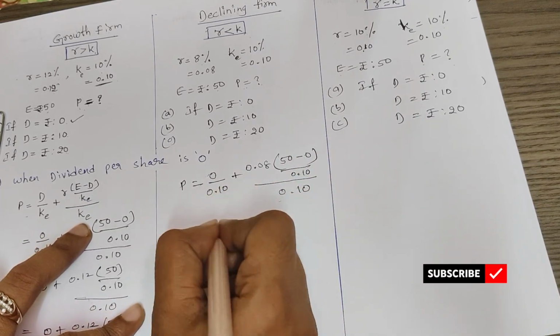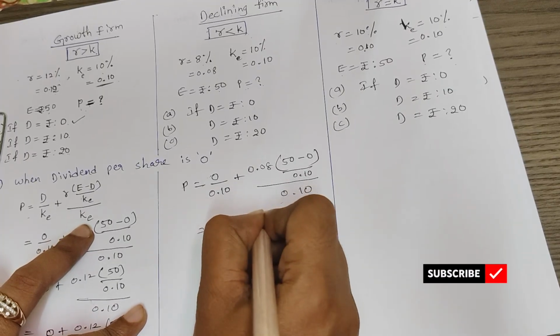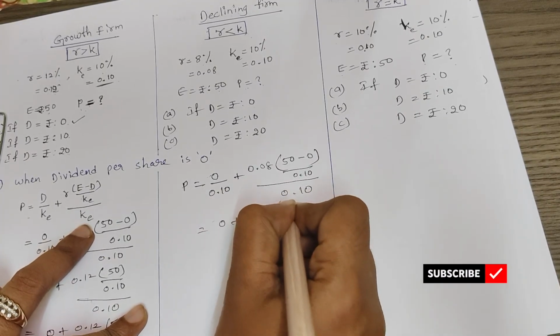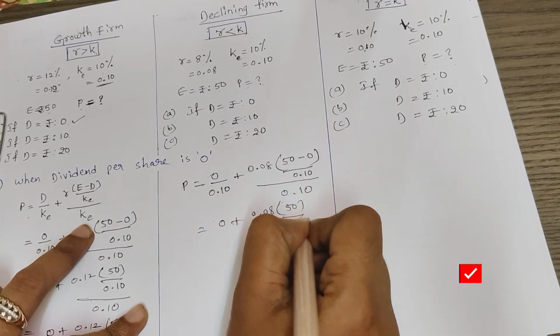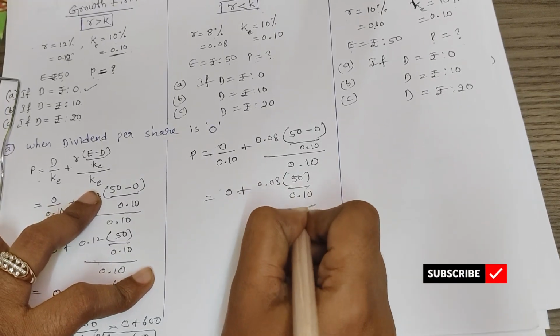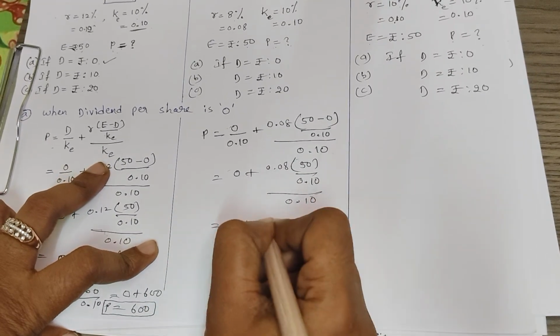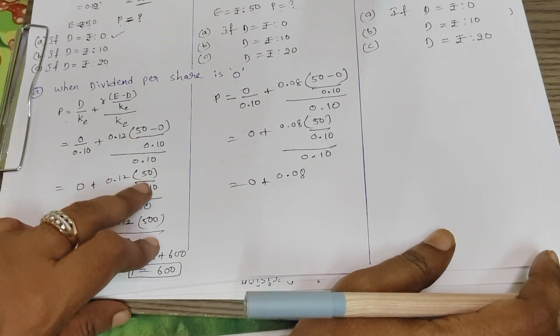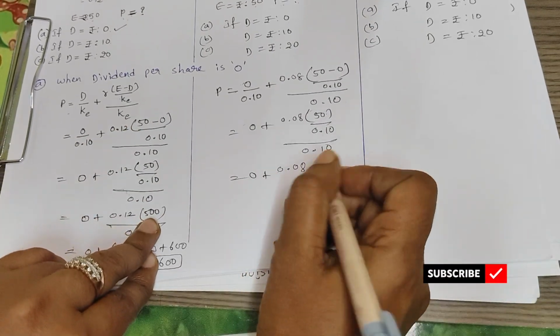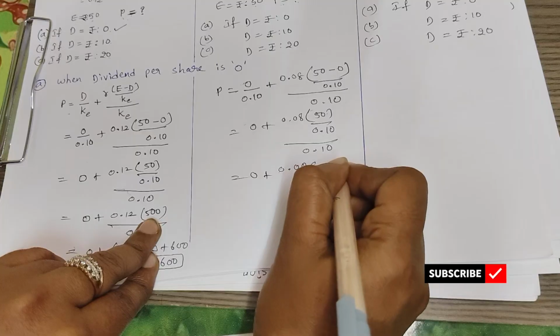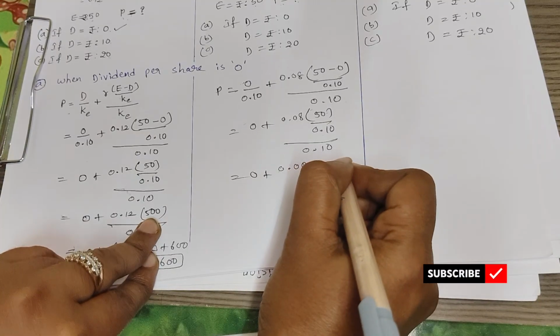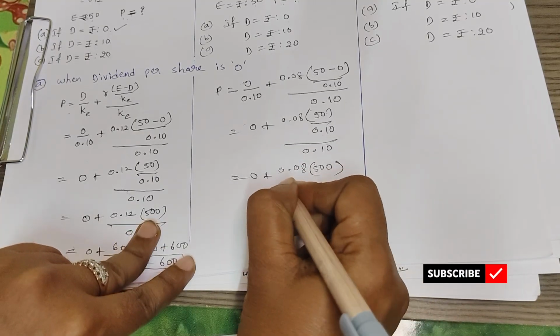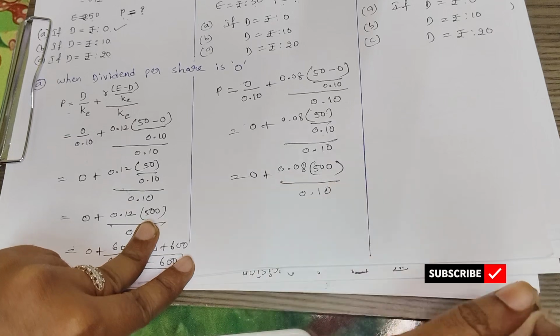So 0 divided by 0.10, 0 plus 0.08 into 50 minus 0, 50 divided by 0.10 whole divided by 0.10. So 0 plus 0.08, 50 divided by 0.10 already we calculated here. So what is our value? 500. Or else you can use calci. Divide by 0.10.